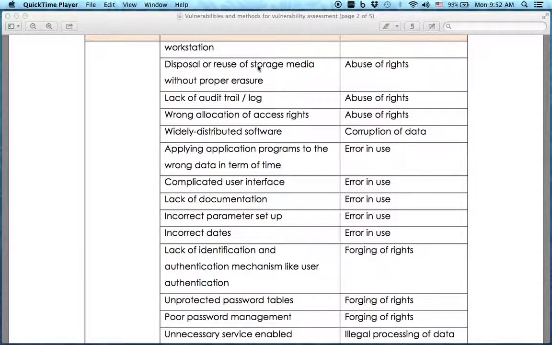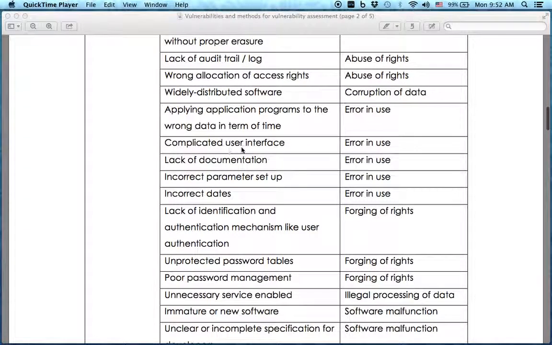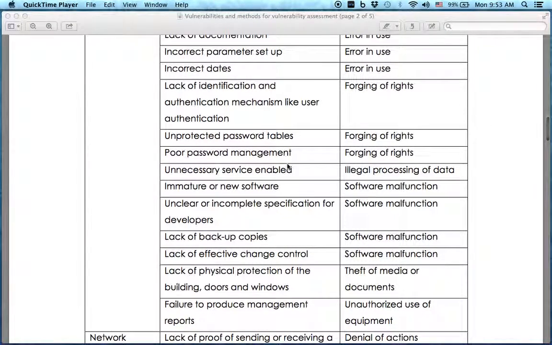Disposal or reuse of storage media without proper erasure: the threat is abuse of rights. Complicated user interface, where the interface lets the user input data or execute a transaction: the threat is error in use or inconsistency in use. Lack of documentation: the threat is error in use. This is just for example only.